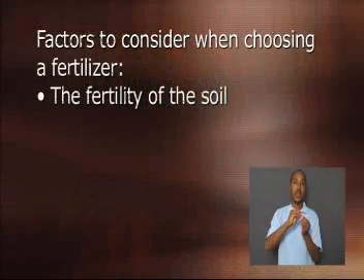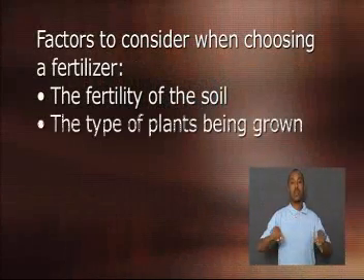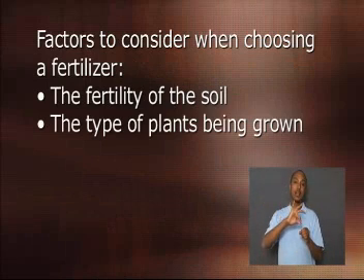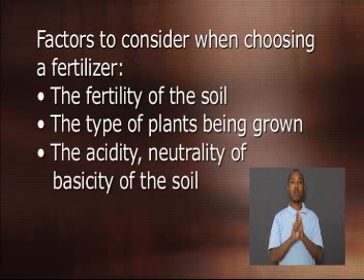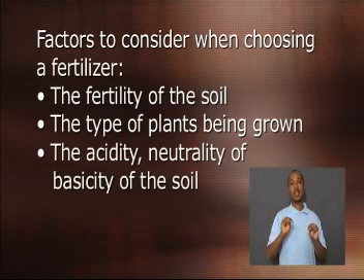Some factors that need to be considered when choosing a fertilizer include the fertility of the soil, the type of plants that will be grown in the soil, and the acidity, neutrality, or basicity of the soil. Let us move on with our lesson and discuss pesticides.